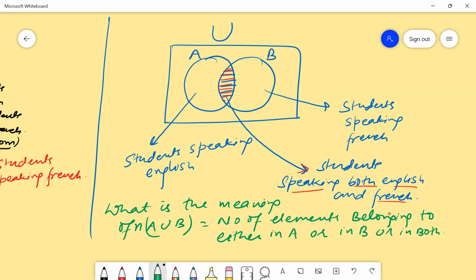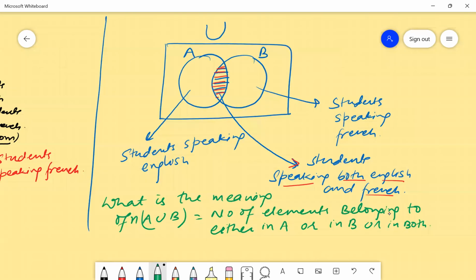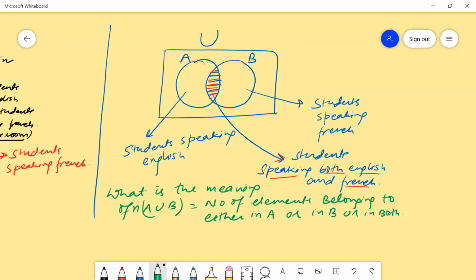This is one of the languages. Mind the language. Number of elements belonging to either A or B or both.